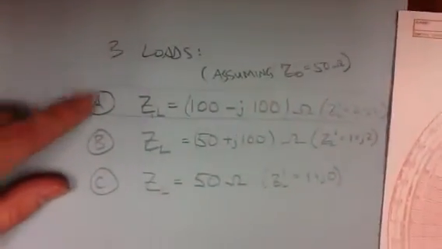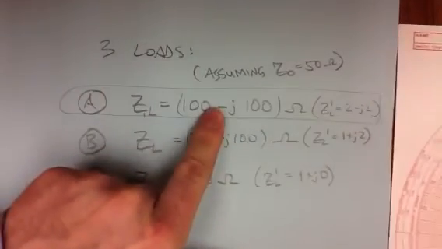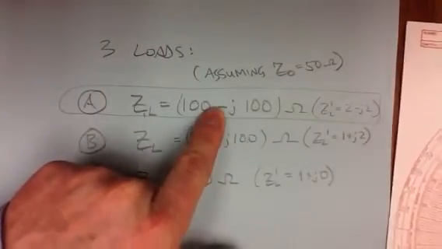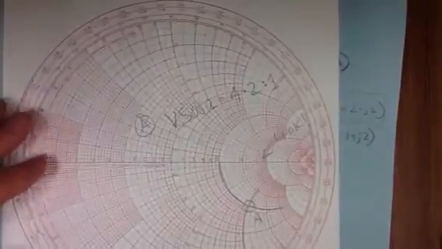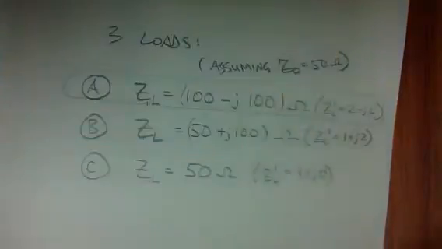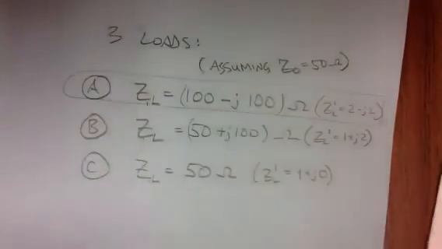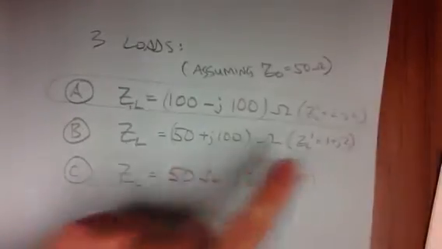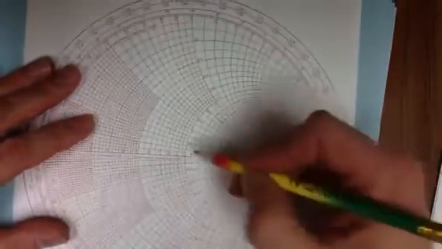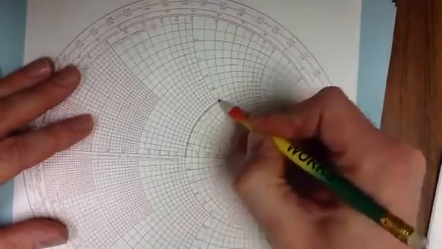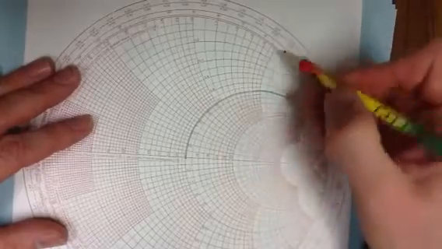So for this load, VSWR is 4.2 to 1. Next one is B. 50 plus j100, normalized 1 plus j2.